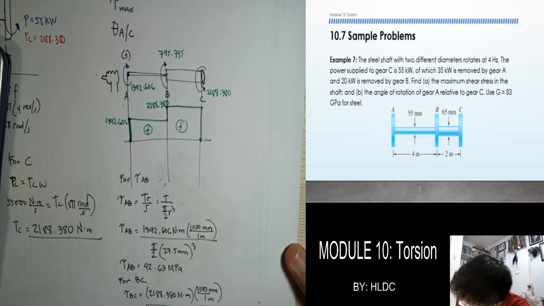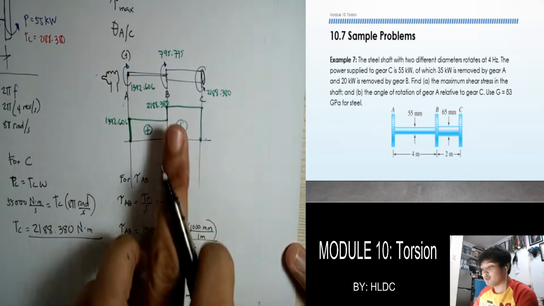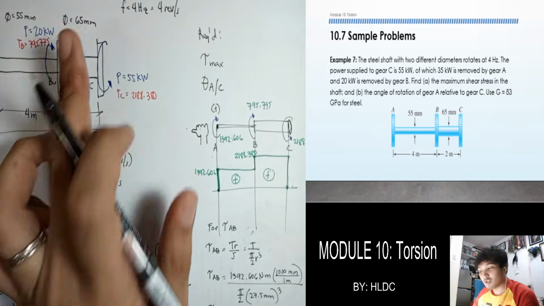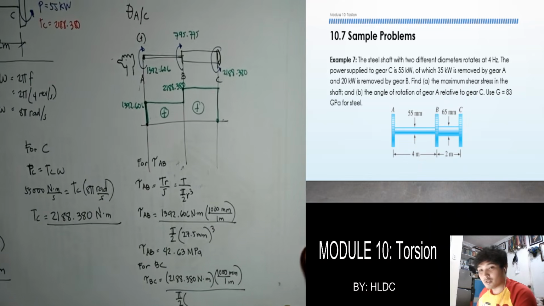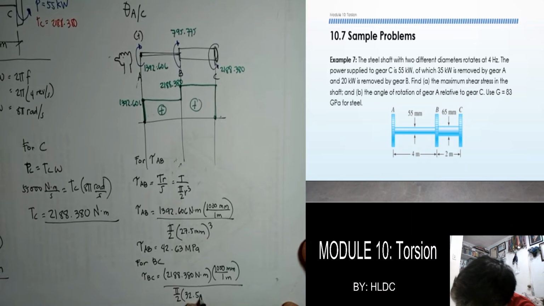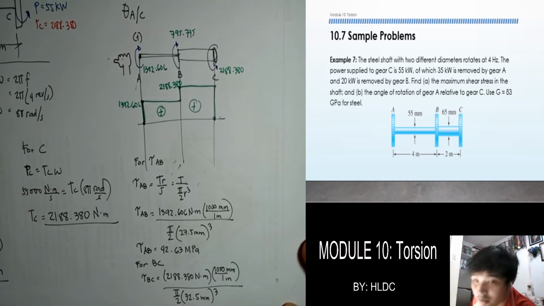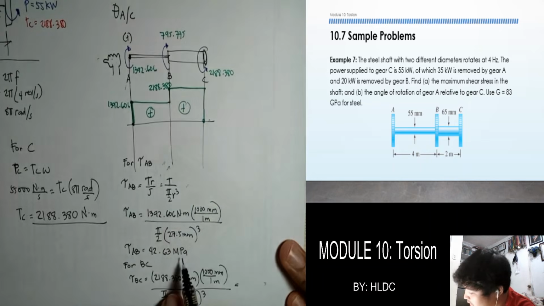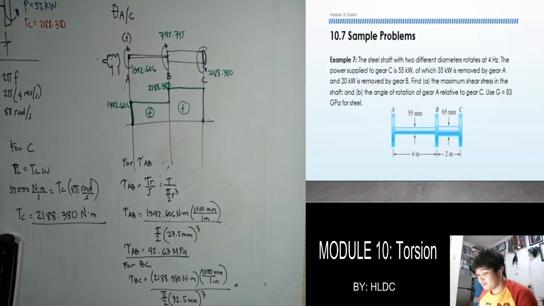And then yung radius is ilan? So for segment BC, the diameter is 65, so radius is 32.5 mm, and then cube. So solving for the shear stress at BC, ilan naman yan, class?